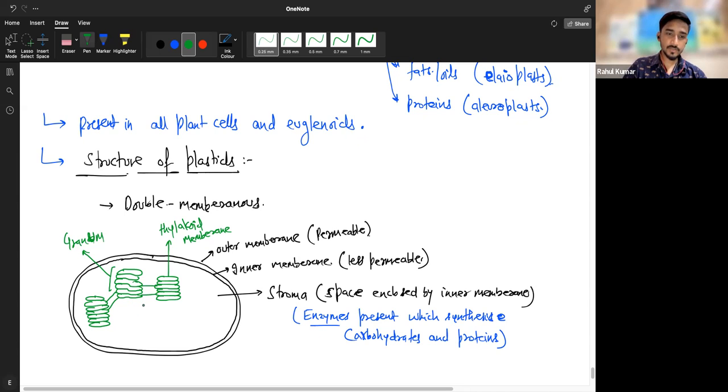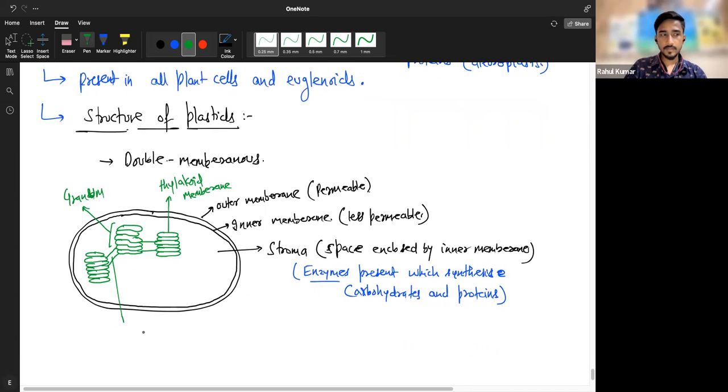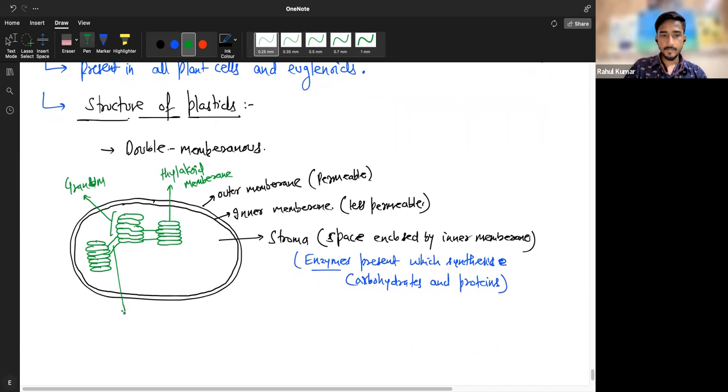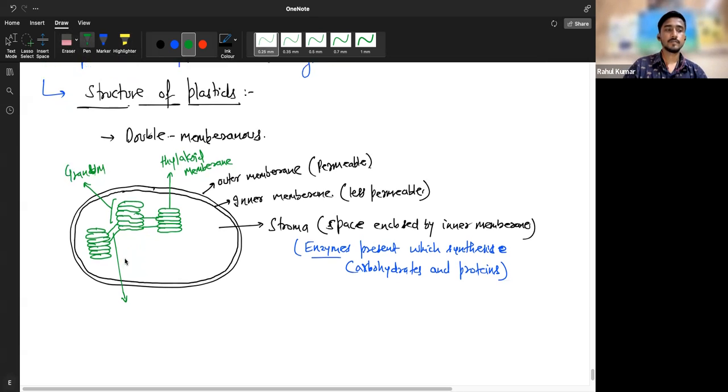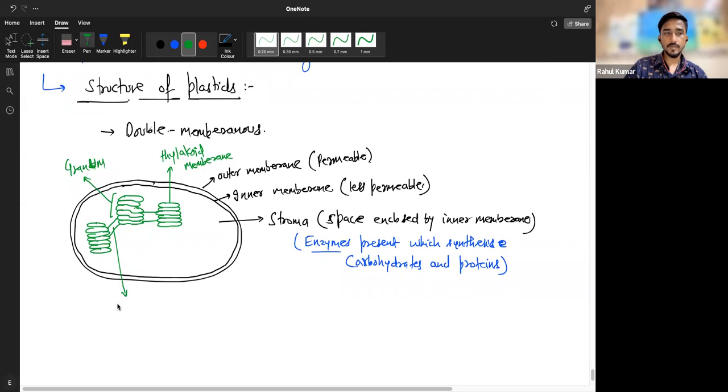Now this connection with which they are being connected is called lamellae.